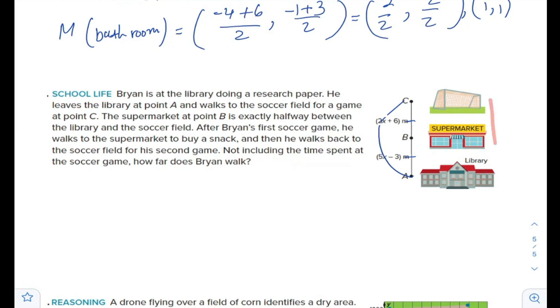So he went here to buy a snack and then walks back here to the soccer field for his second game. Not including the time spent at the soccer game, how far does Brian walk? So we want this distance and again this distance. So we can find this distance multiplied by 2, meaning from the soccer field to the supermarket and back to the soccer field.